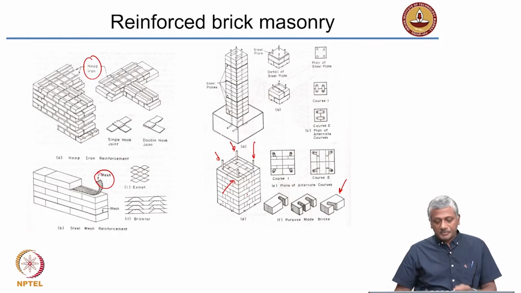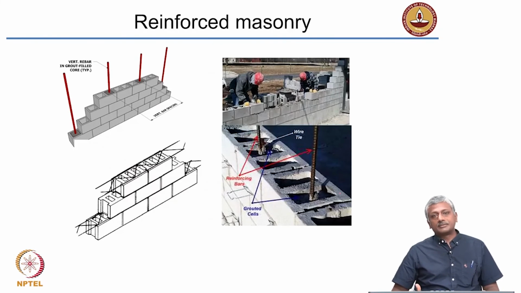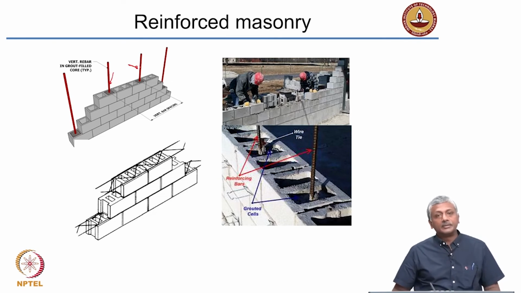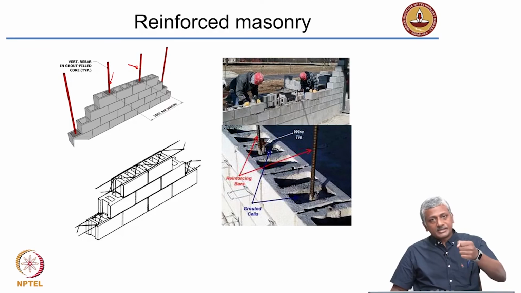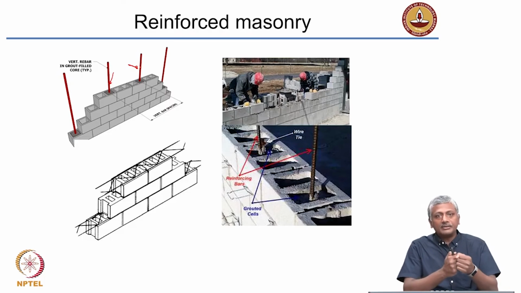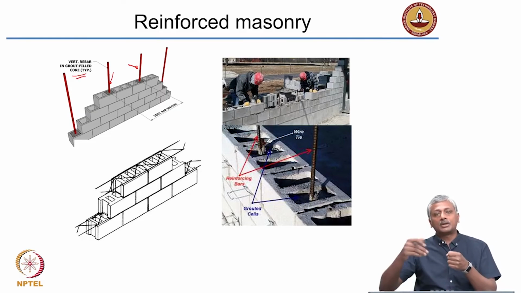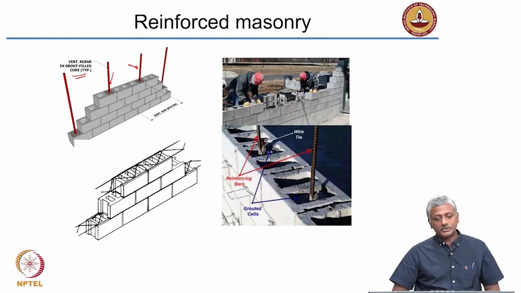Of course, all this becomes much easier when I use concrete, because concrete can be made into hollow blocks, and these hollows provide ideal locations where you can insert the bars. Once these bars are inserted, they are not big enough to completely fill up the hole, so you need to keep them in position by grouting. You need to put a grout to keep these bars in position. So, that is basically reinforced concrete block masonry.